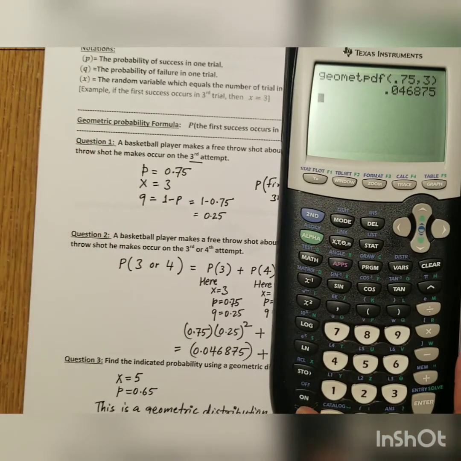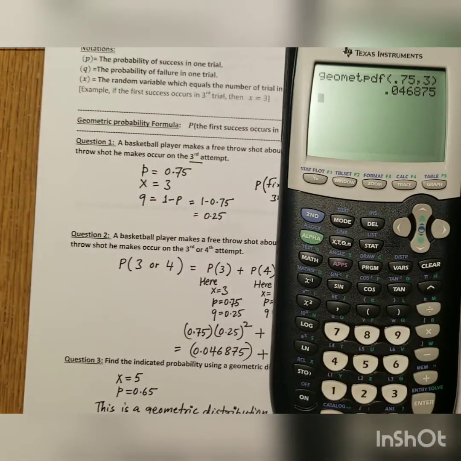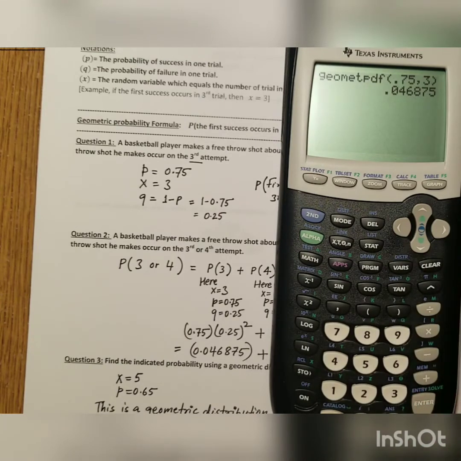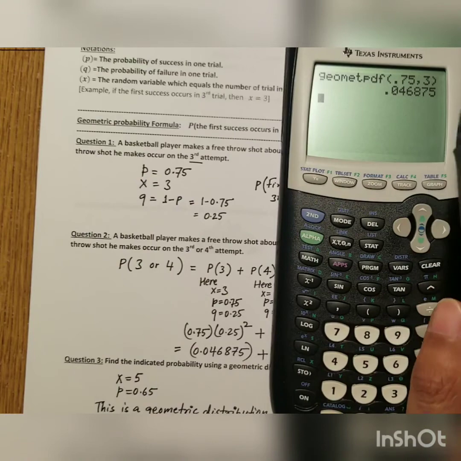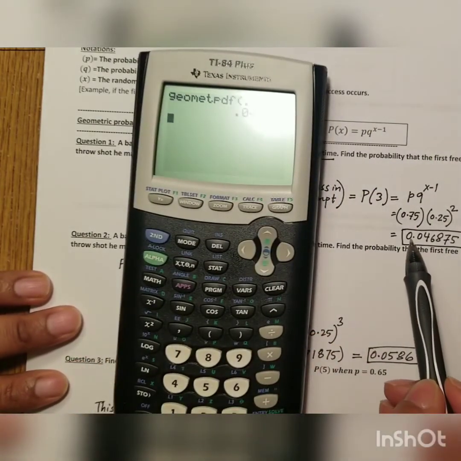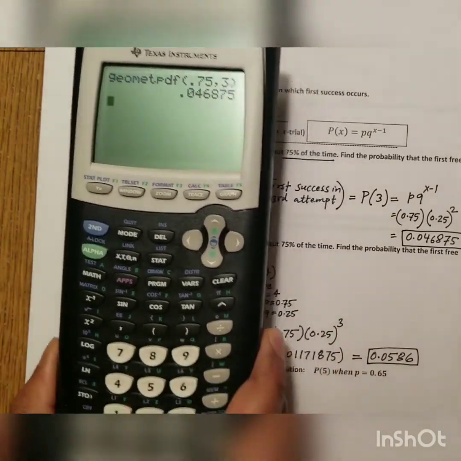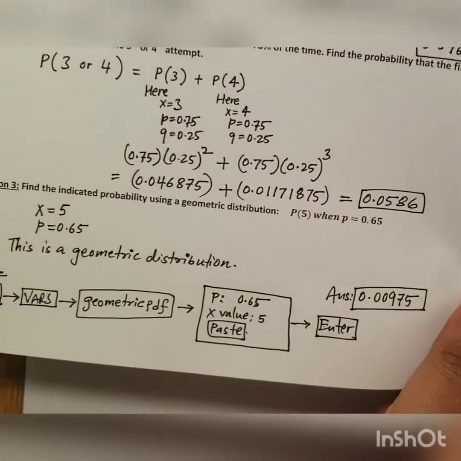We don't even need to find the q value because the calculator does it by itself. It only needs the p value and x value. So you have those values, you can find out the answer. The answer we get is 0.046875, so we get the same answer here. So this is the calculator method to do geometric probability distribution questions.